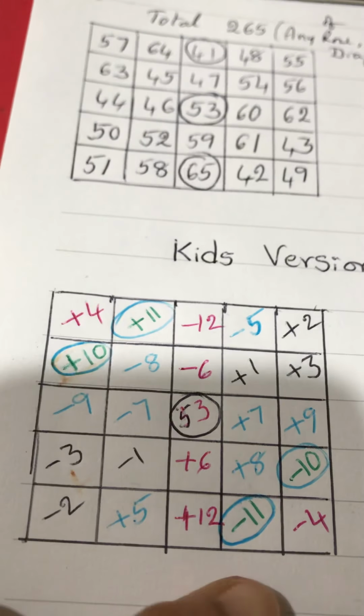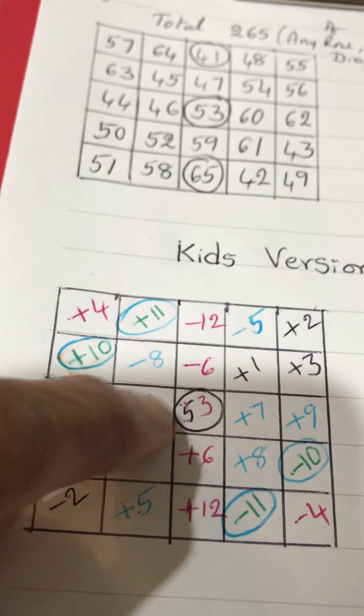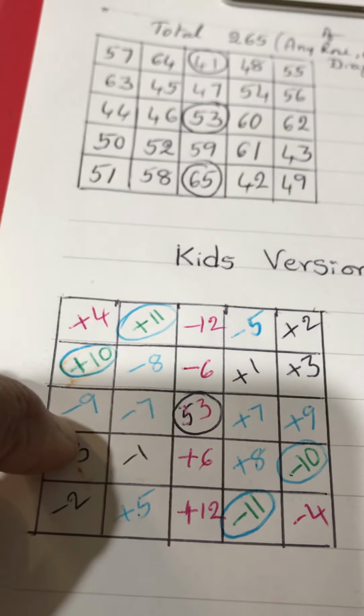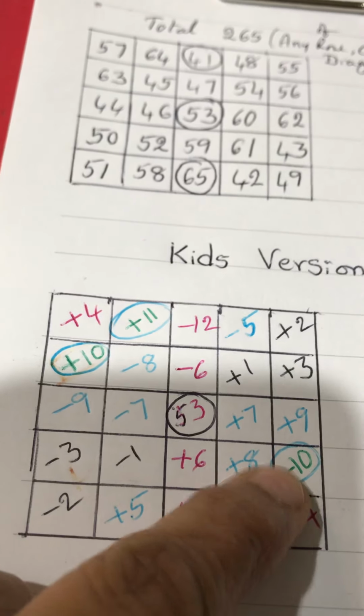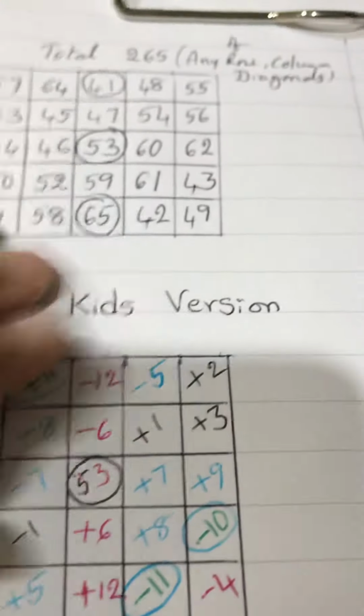Then minus 4 came here, minus 5, minus 6, minus 7, minus 8, minus 9. And minus 10 came here, 11 came here, and minus 12. So, still, okay, looks easier, but not quite.